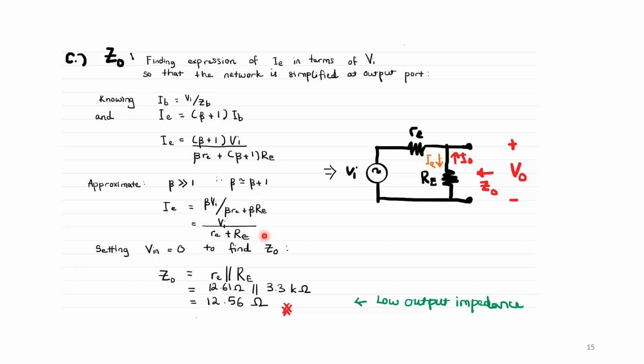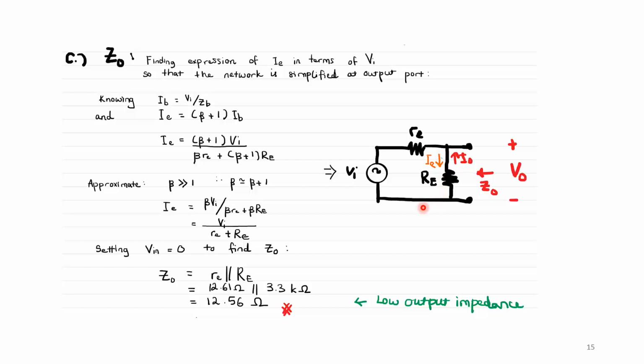And based on this expression, we can draw this representation, which consists of voltage Vin and IE going through small signal re and going through emitter resistance, capital RE.